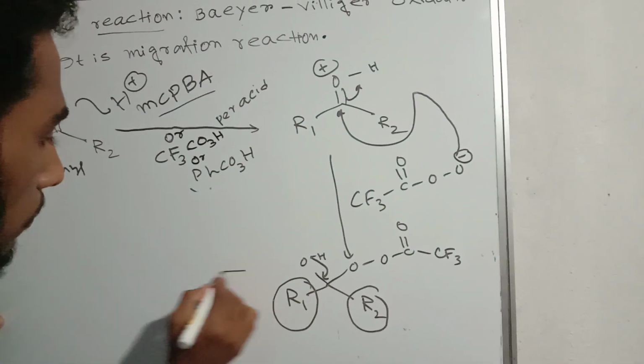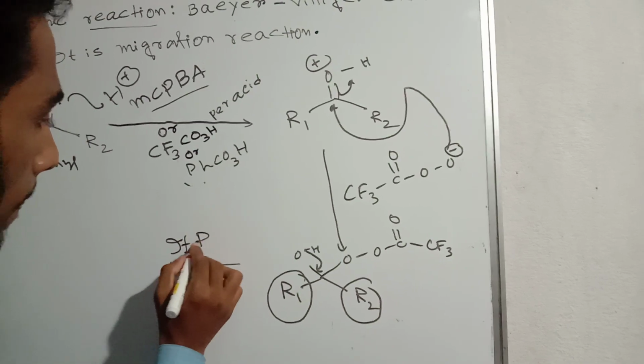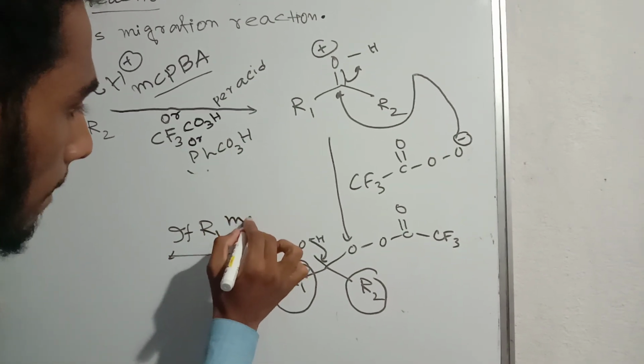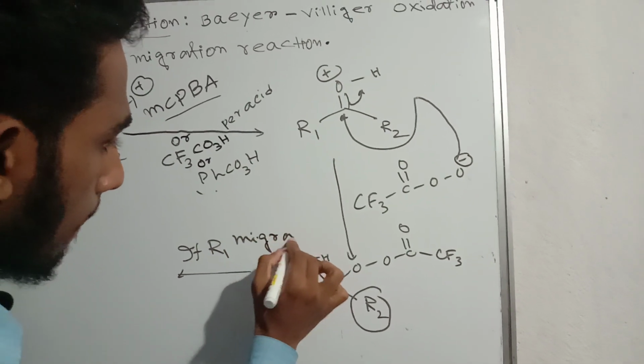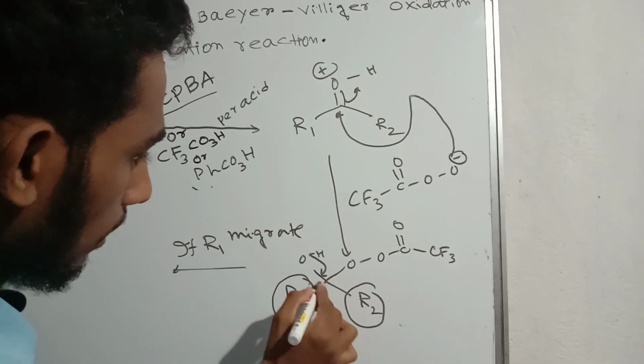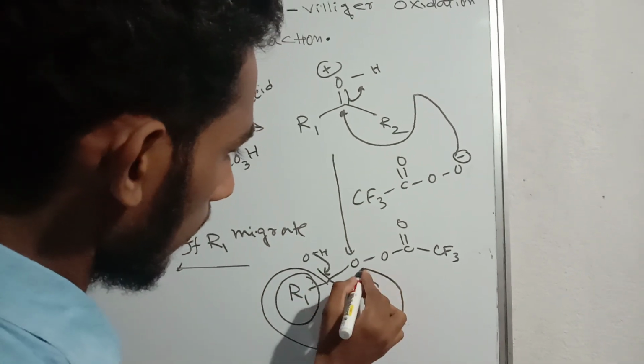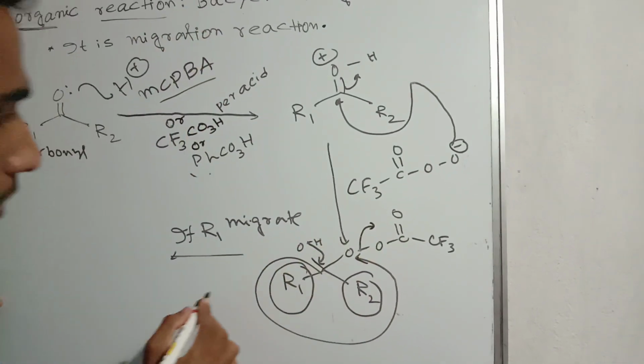If R1 migrates, this bond will break, what will we get?